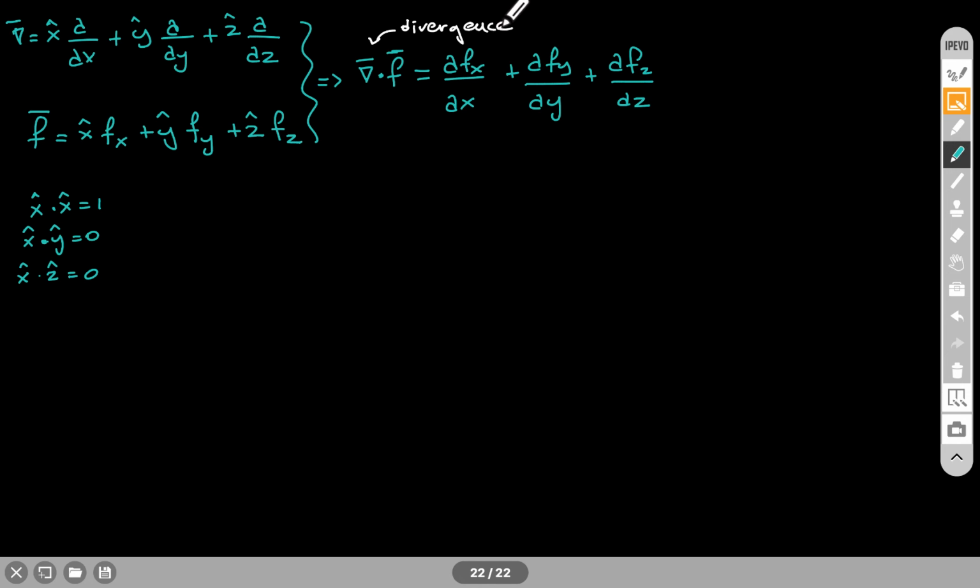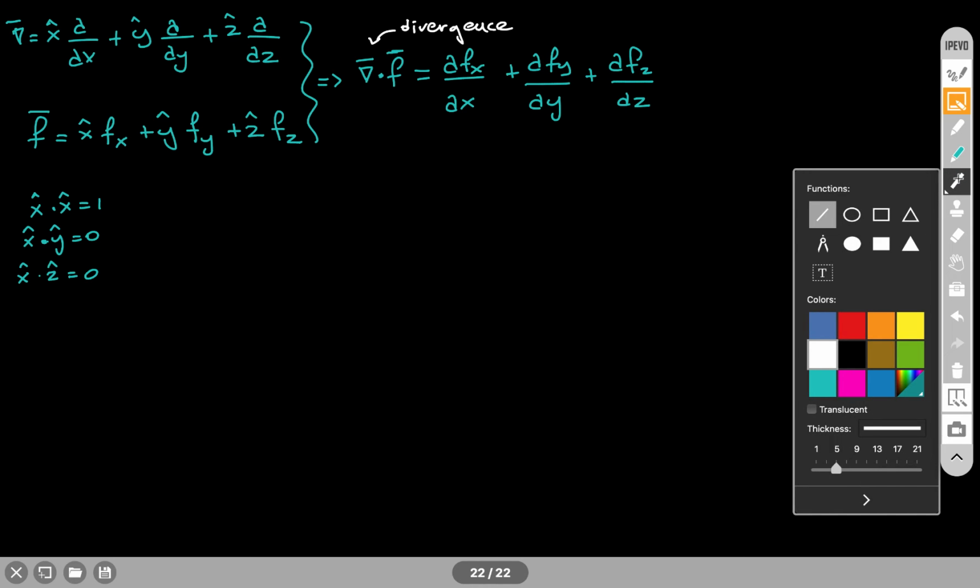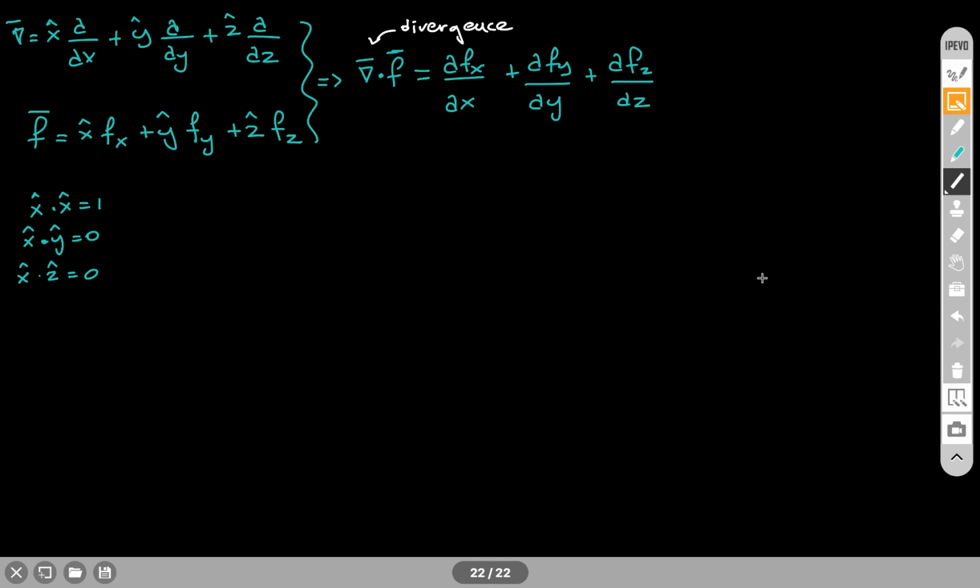Now, just by looking at it, this does appear somewhat abstract. What does this really mean? I'm gonna try to explain that. Let's say that I'm gonna show you a 2D function.